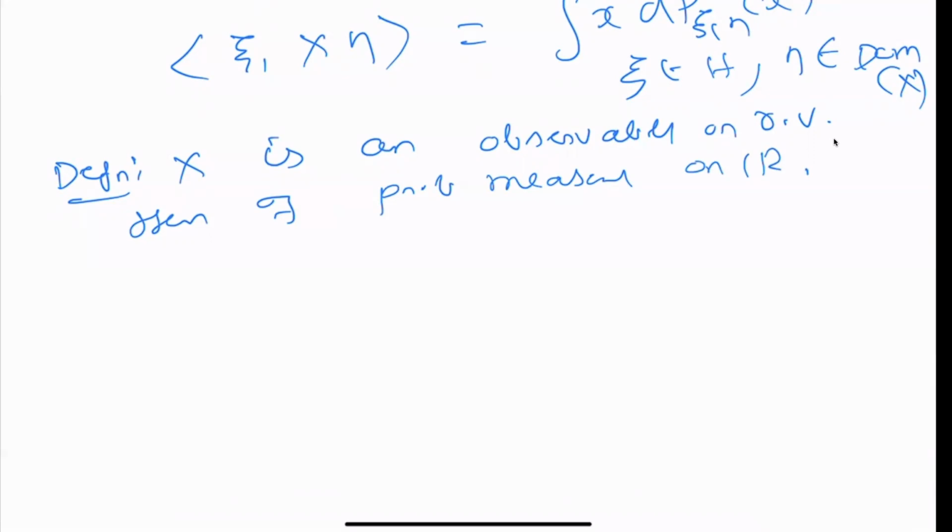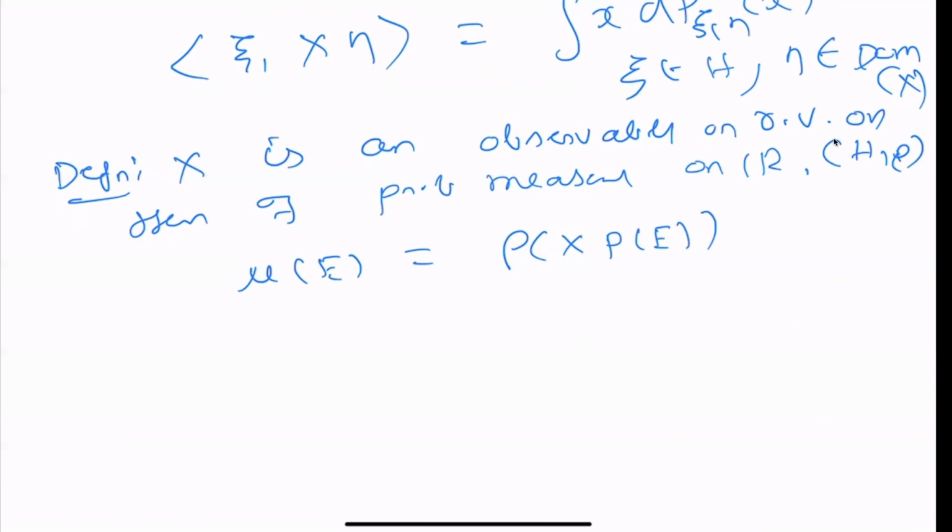We need a quantum probability space: a Hilbert space H and a state rho. Then mu of E is going to be rho of P of E, where P is the spectral measure corresponding to X.